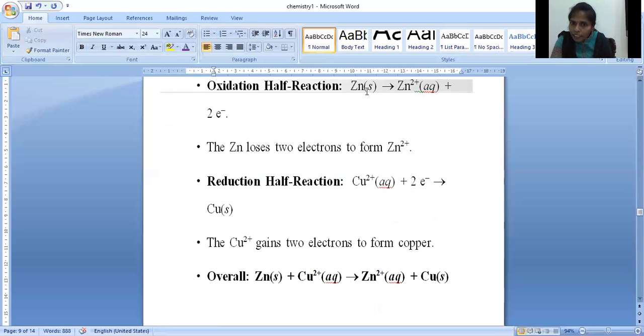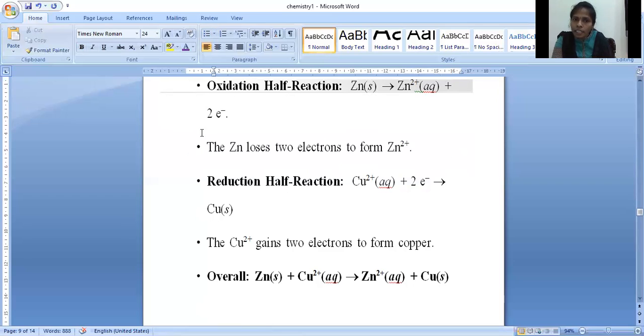By adding these two reactions, you will get the overall reaction. You need to add the reactants and add the products. The 2 electrons get cancelled, because on the left side we have 2 electrons and on the right side also 2 electrons.